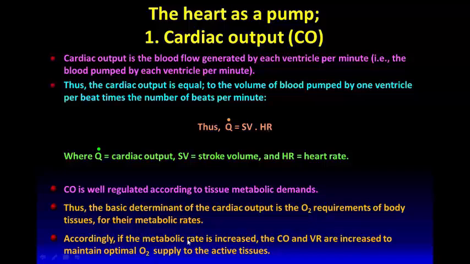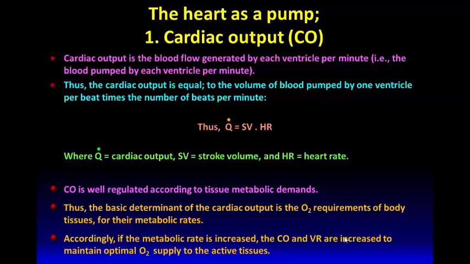Accordingly, if the metabolic rate is increased, the cardiac output and the venous return are increased to maintain optimal oxygen supply to the active tissues, and also to obtain optimal carbon dioxide removal from the active tissues and the removal of other metabolic waste products.